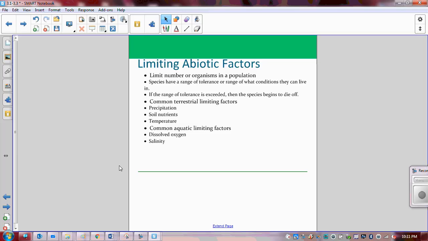What temperature of the water, how cloudy is the water, if it's a terrestrial plant, how much water is available, how much nitrogen is available to that plant, how much sunlight does it get, how much space does it have. All these things are limiting factors that can stop a population from growing. And if the environment changes and we have less of that particular limiting factor, then you're going to see a die-off.